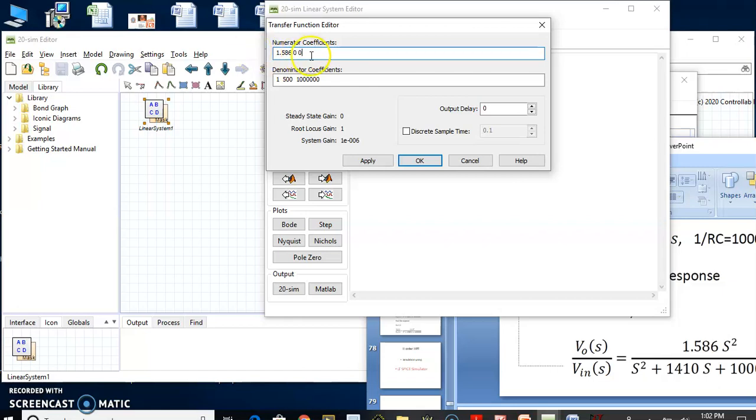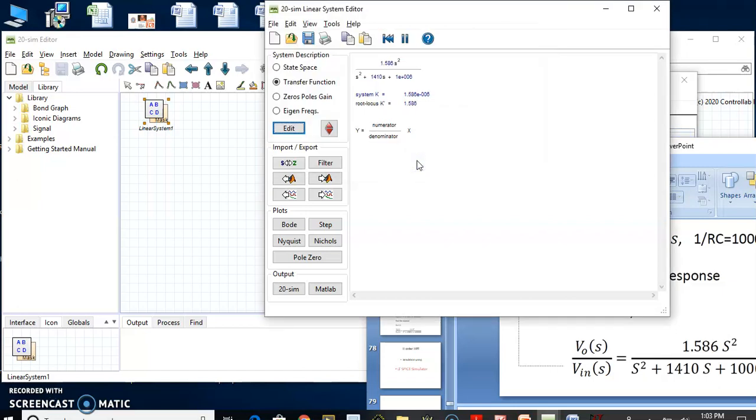This indicates that this is 1.56 into S square plus 0 plus 0, which is the representation of this particular term. Coming to the denominator, we have S square, whose coefficient is 1, whereas the coefficient of S power 1 is 1.414. Of course there is a space, followed by 1 over RC whole square. So we are done with the transfer function.